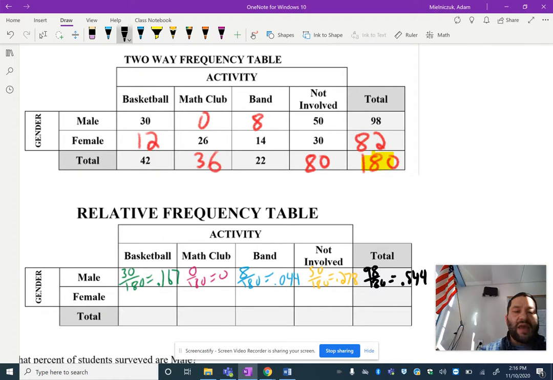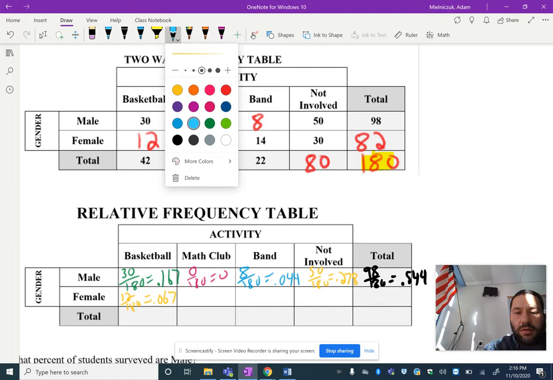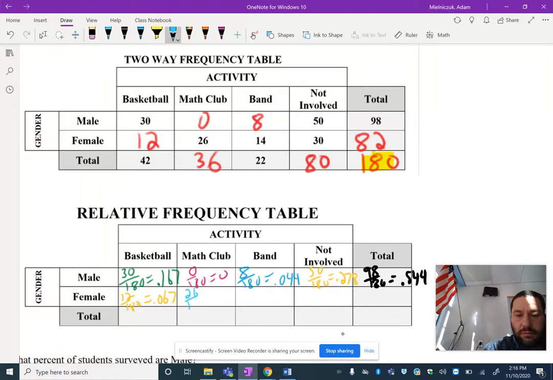Now we're going to do the same exact thing for females. So for females, we're going to do 12 over 180. 12 divided by 180 equals 0.067. Then we're going to do 26 divided by 180, which equals 0.144.